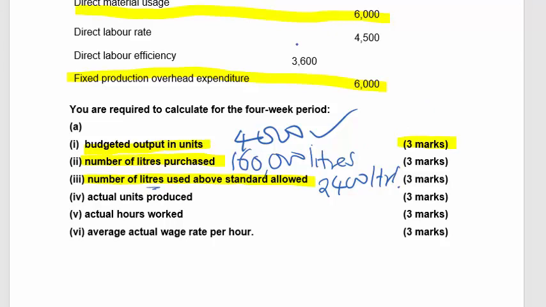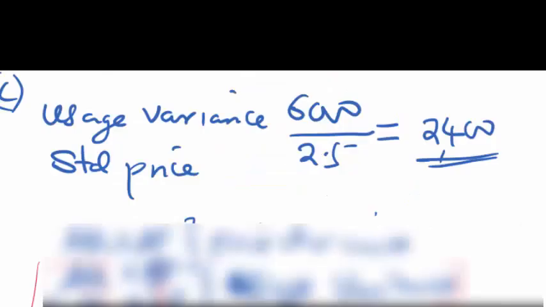We have our direct material usage variance, and this amount includes the quantity in liters multiplied by the standard price per liter. So we had to divide by the standard price per liter in order to get the quantity above the standard allowed. It's really mostly in the logic.